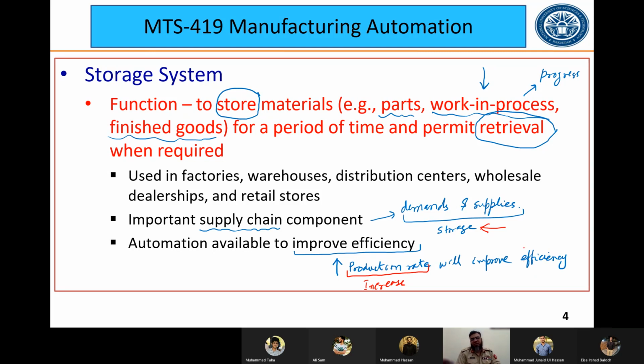So what we need to do is make available our raw material right in time, and then store our finished product to supply it to the customer in time and at a faster pace. So this is the idea behind an automated storage and retrieval system, that is to increase the production rate, which will in turn improve the efficiency of our system.